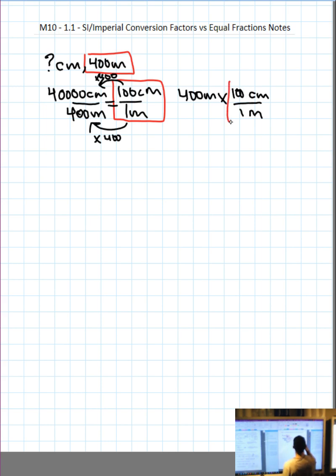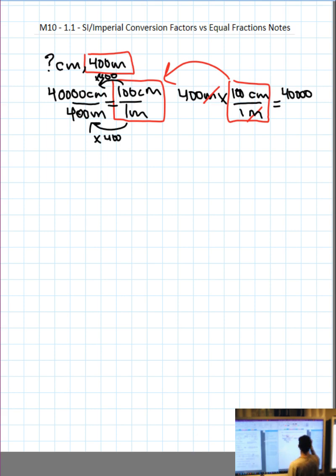Put a box around your conversion factor if you like, so you can easily recognize that they're the same on the page, possibly flipped over. And the same calculation, 400 times 100 is 40,000. Now what are our units? Well, we have meters on the top and the bottom, so we can cross off meters on the top and the bottom. That was the goal, to get rid of meters and get to centimeters.